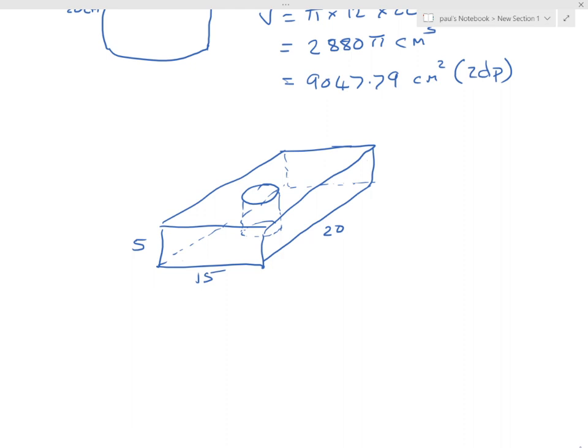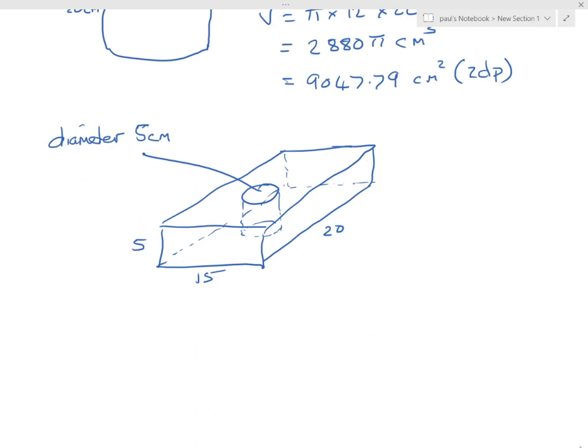So that's how to find the volume of the cuboid, and the diameter is 5 centimeters. Okay, so first of all we find the volume of the whole thing, then we find the volume of the cylinder, and we take one away from the other, and we will have the volume of what's left.